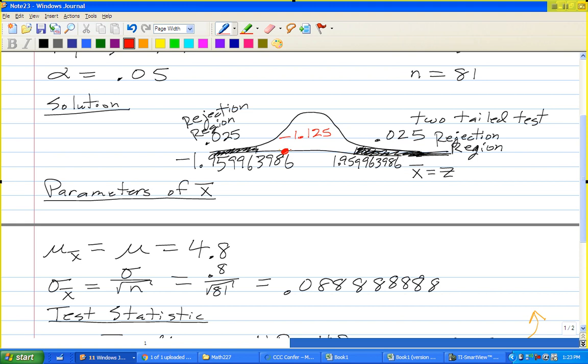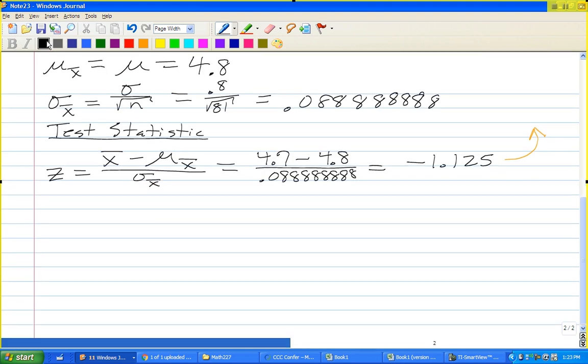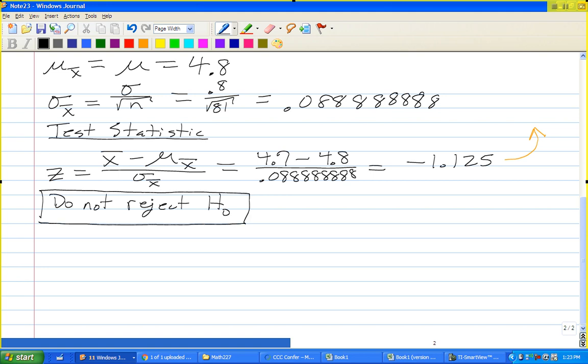But notice that this is not in the rejection region. Since this was not in the rejection region, we do not reject the null hypothesis. Please note, you always have to write that you're rejecting the null hypothesis or that you are not rejecting the null hypothesis. So do not reject the null hypothesis. That's it.